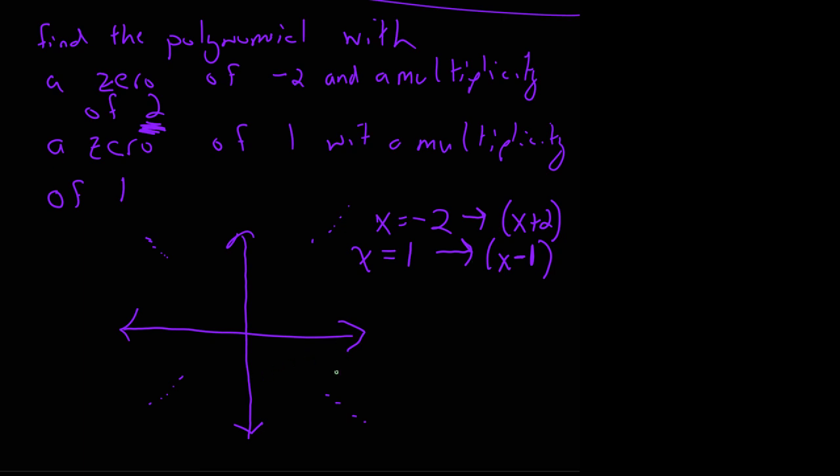So the polynomial f of x, in its general form, is going to have a leading coefficient, x plus 2, but this has a multiplicity of 2, so it gets to the second power. And x minus 1 has a multiplicity of 1, so it stays to the first power. So all of these things are coming together to help us define our functions. And so let's see, it's going to cross at -2, and I'm going to use 2 different colors here.